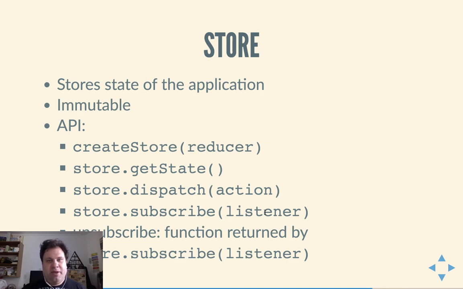Also, when an element of your application wants to modify the state of the application, you will call store.dispatch with a specific action to produce a state transition in the application. Furthermore, store.subscribe actually will return a function. And if this function is called, it will cause that listener to be unsubscribed from the store.